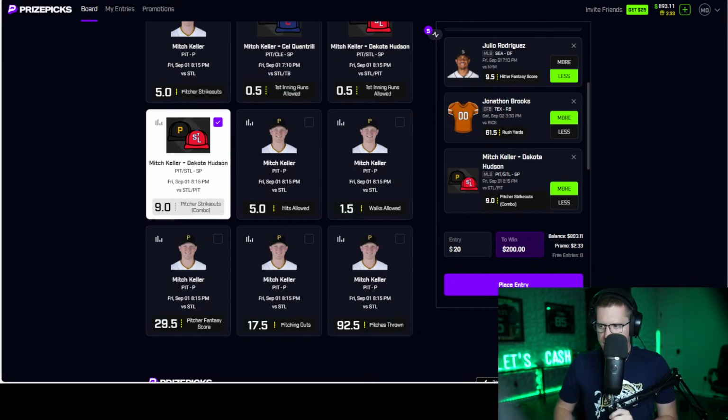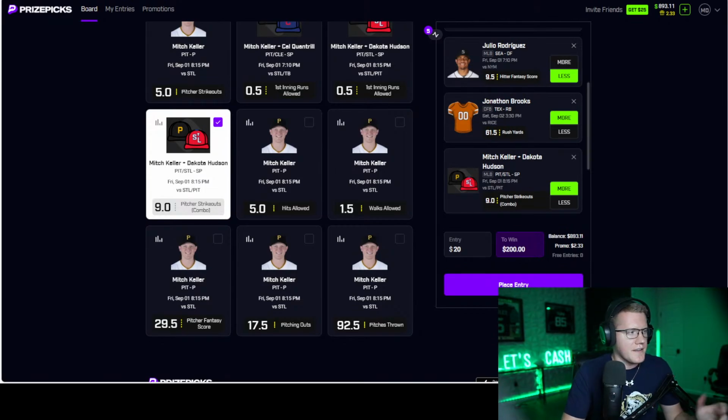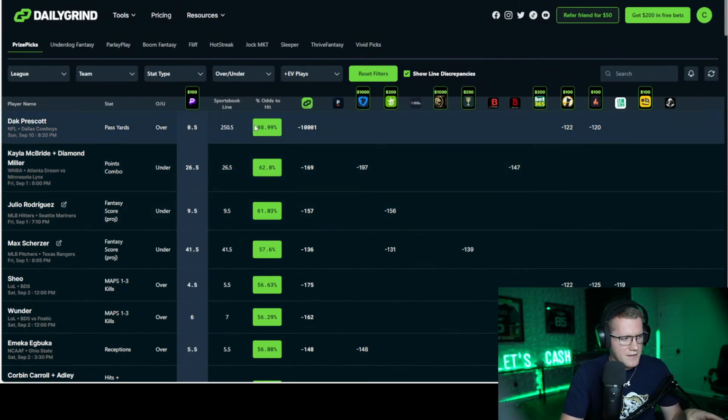Is it profitable to do a two-man slip when one is a free square like Mahomes? Absolutely. If you have a free square, pretty much everything on the board is going to be profitable. Literally everything. To put this in perspective, you have to have two individual leg averages for two-man powers, if they're 3x payout, of 57.75 or higher.